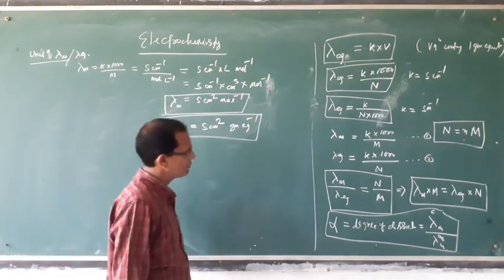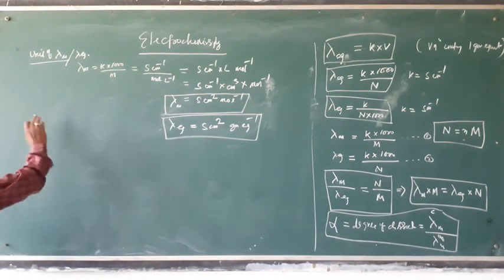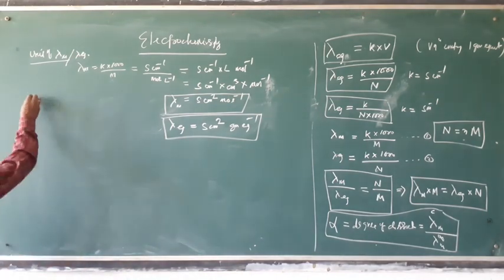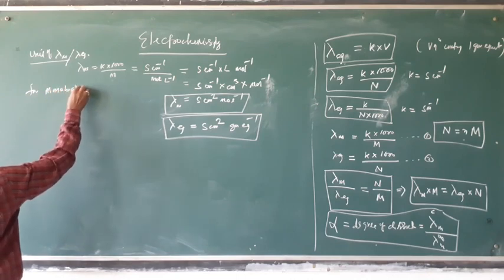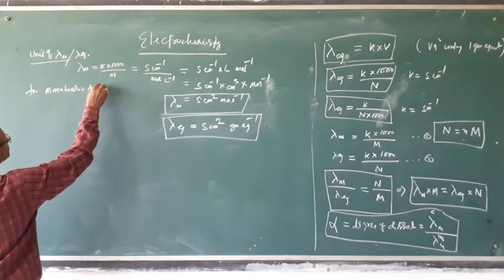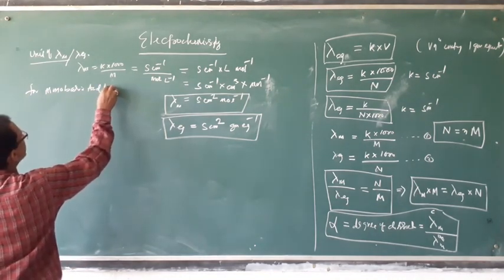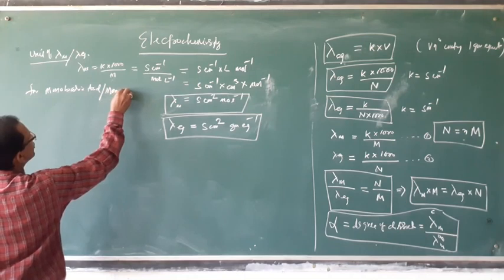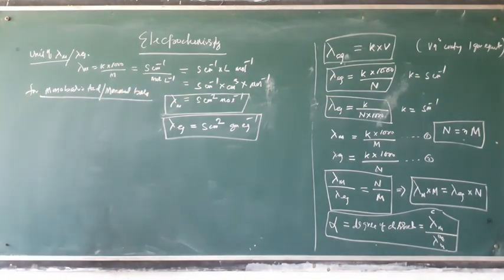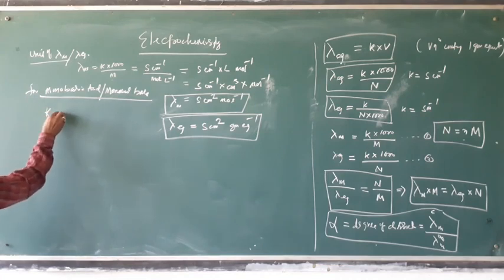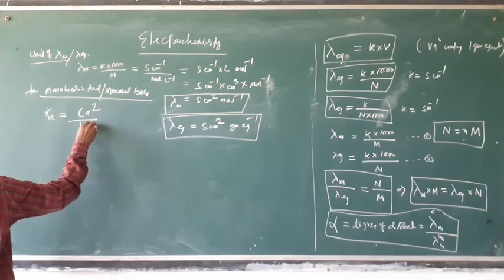So calculation of lambda infinite is like this. Then if it undergoes dissociation, for a monobasic acid and monoacidic base, Ka is equal to C alpha square by 1 minus alpha.